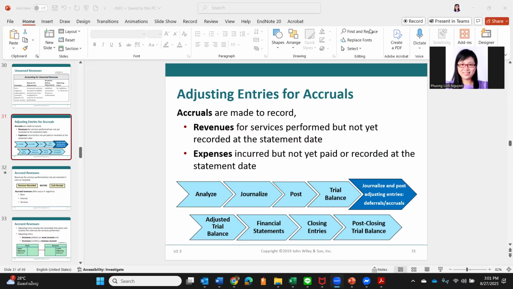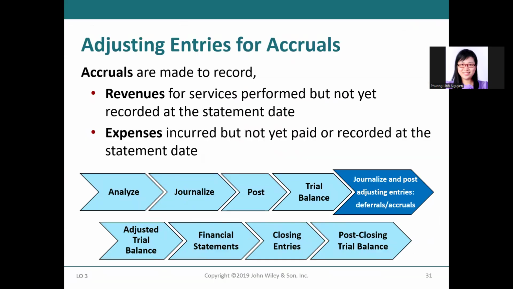Now let's continue with the adjusting entries for accruals. Accruals are made to record the revenues for the services performed but not yet recorded at the statement date. So we have accrual revenues.